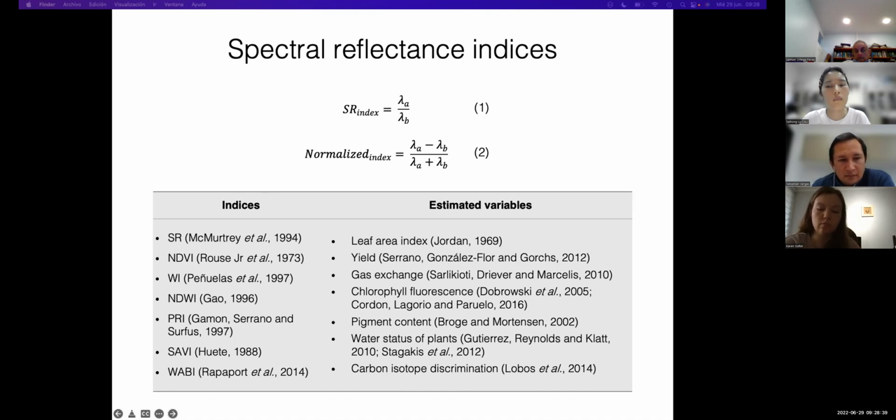Here in this table, we see a selection of them, from the simplest, such as the simple ratio index, to the more recently developed ones, such as the Webby index, which has been correlated with many variables such as leaf area index, yield, gas exchange, fluorescence, pigment content, water status of the plant, and carbon isotope discrimination.